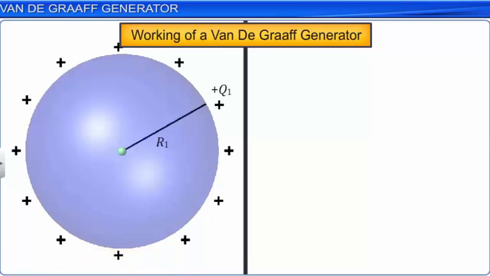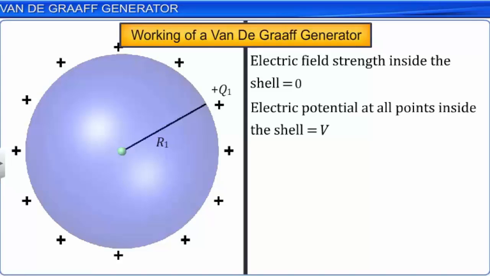For such a charged conducting shell, we know that the electric field strength inside the shell is 0. And the electric potential V inside the spherical shell has the same value at all points inside the shell, and V is equal to 1 by 4 pi epsilon naught Q1 by R1. Let this be equation 1.